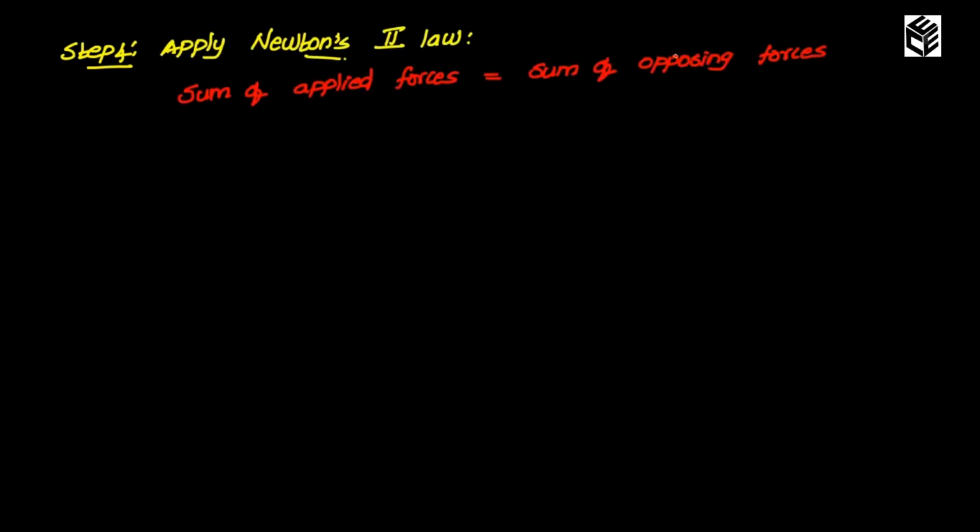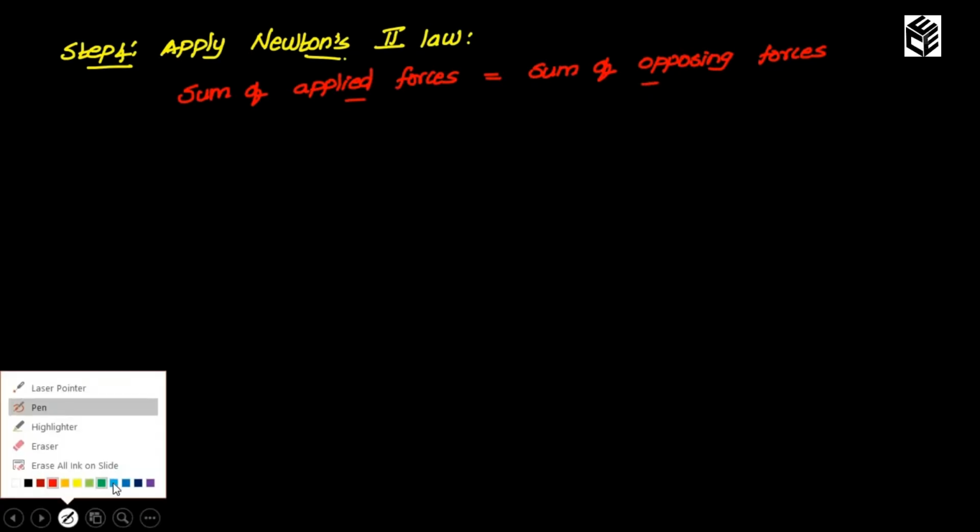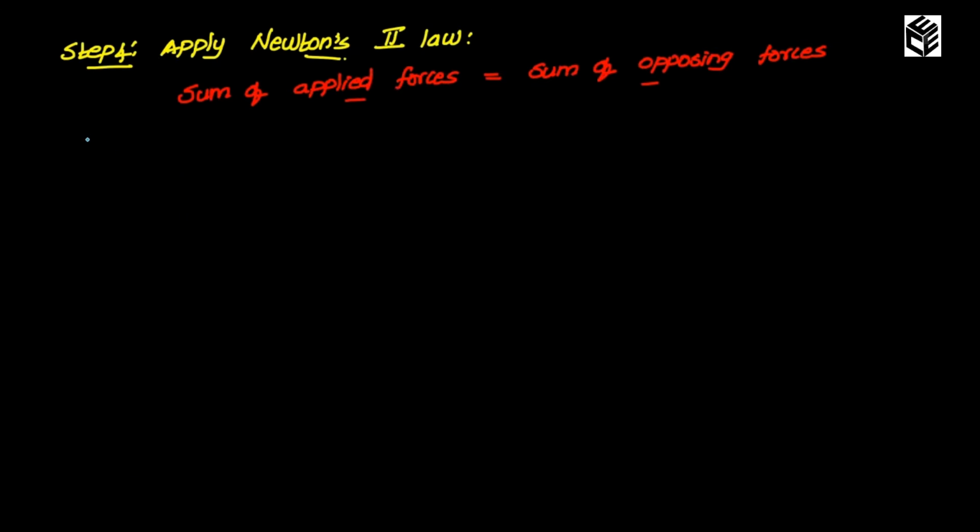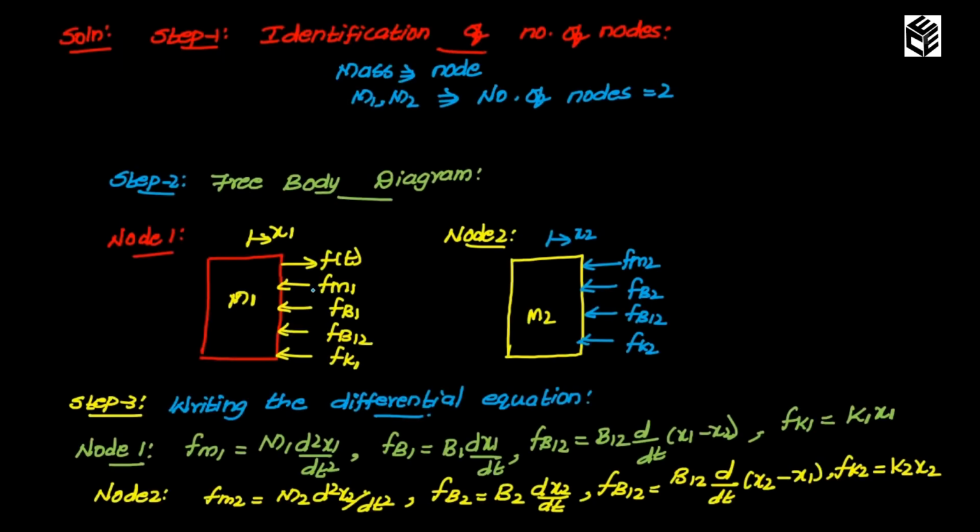Now, what is our step 4? Apply Newton's second law. What is Newton's second law? Sum of applied forces is equal to sum of opposing forces. So, I am going to apply Newton's second law for node 1 and node 2 separately. So, for node 1, as we know, we have 1 applied force and 4 opposing forces, correct?